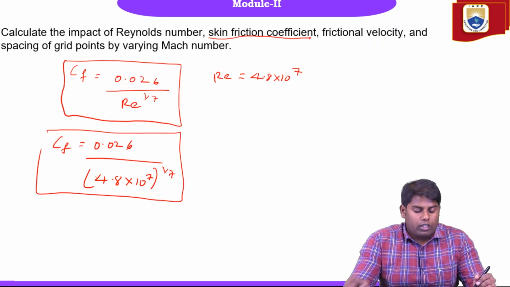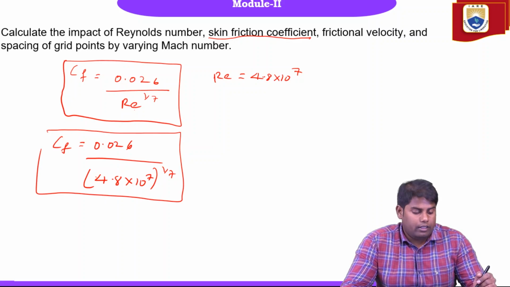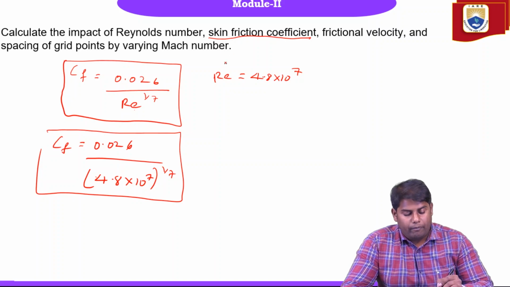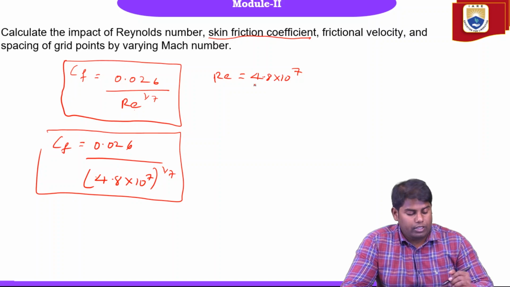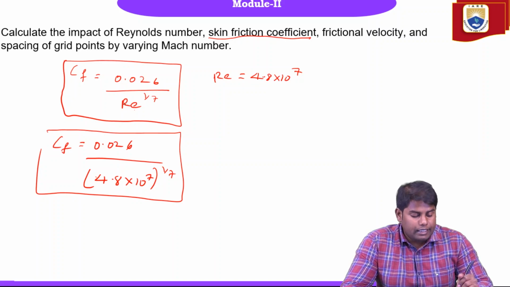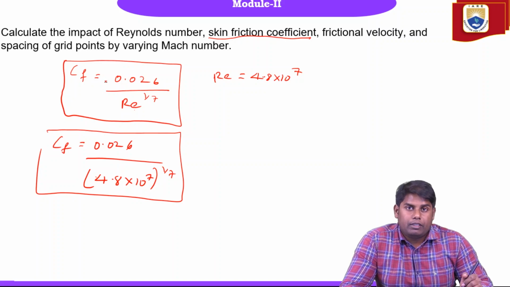Now here what is happening: the Reynolds number is greater than, let's say, 10 power 5. If the Reynolds number is increasing, the skin friction coefficient is decreasing. What is the meaning? At high Mach numbers and at high Reynolds numbers, the skin friction coefficient is getting decreased.